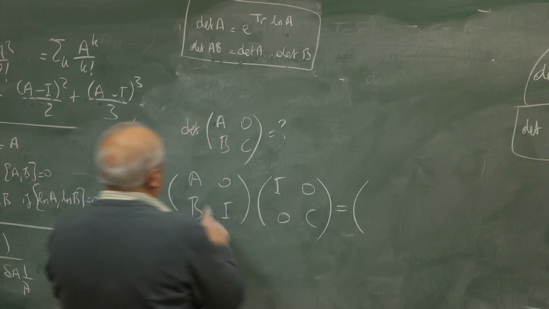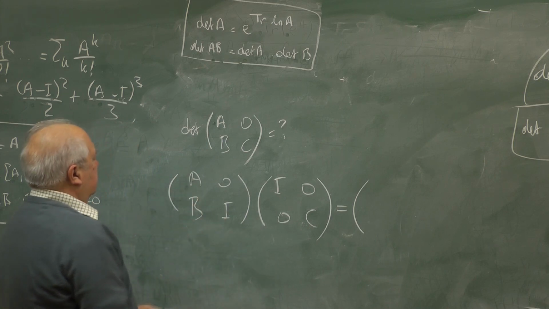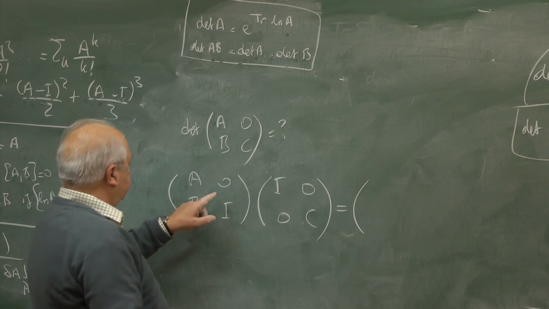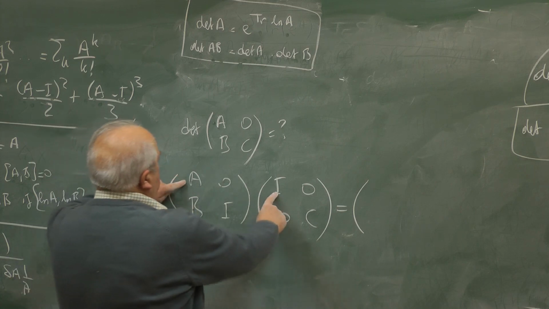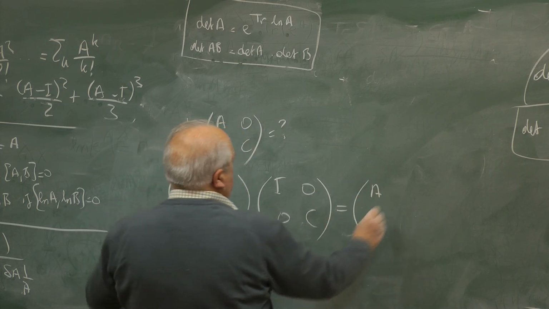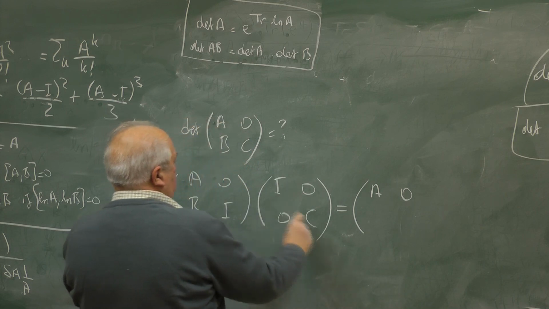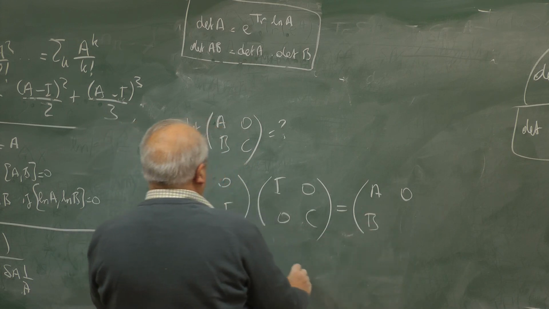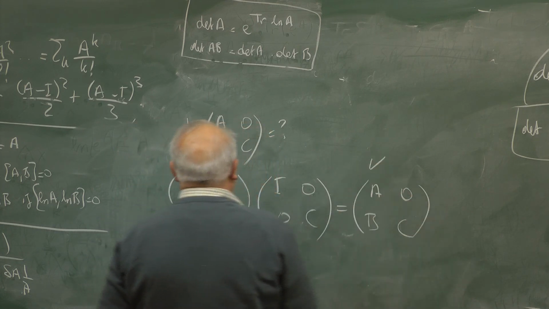First one, this is the n by n block, this is the m by m block, and these are n by m and m by n. So this is A, all right. This is 0. This is B, all right. And this is C. So it checks.